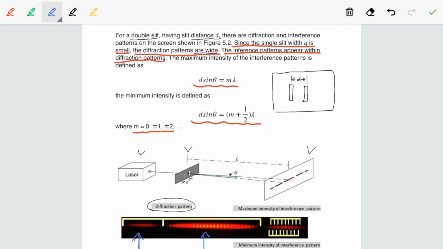The bright place is the maximum intensity, the bright fringe of the interference pattern. Then the dark place between the two red circles, right between the two bright spots, is the minimum intensity of the interference pattern, the dark fringe of the interference pattern. And we also have the order about that, which we define here.